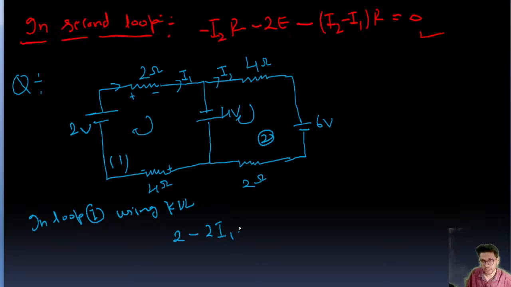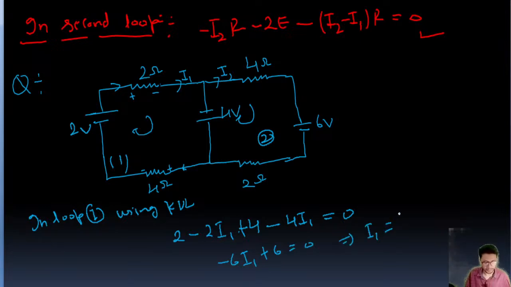This is plus, plus 4, minus, this is plus minus, this is the direction of current, plus to minus 4 I1 equal to 0. So from here this is minus 6 I1 plus 6 equal to 0. That implies I1 equal to 1 ampere.